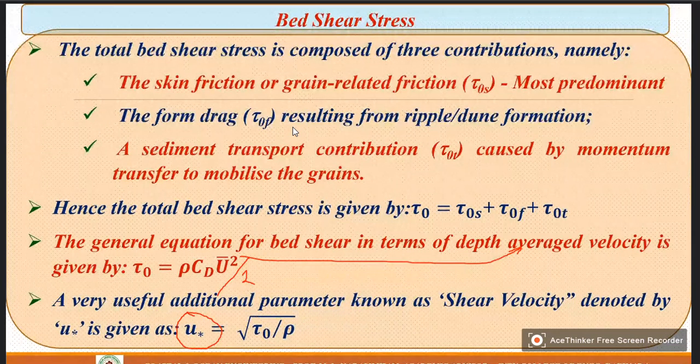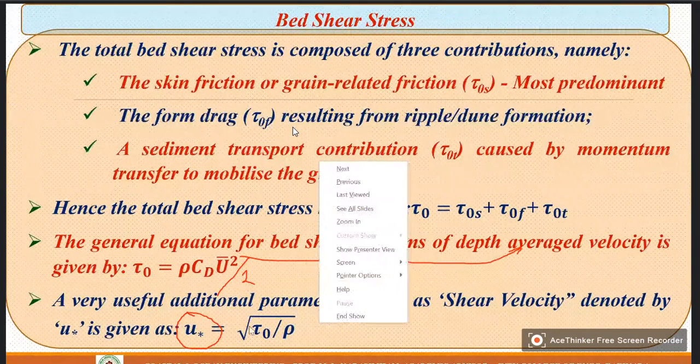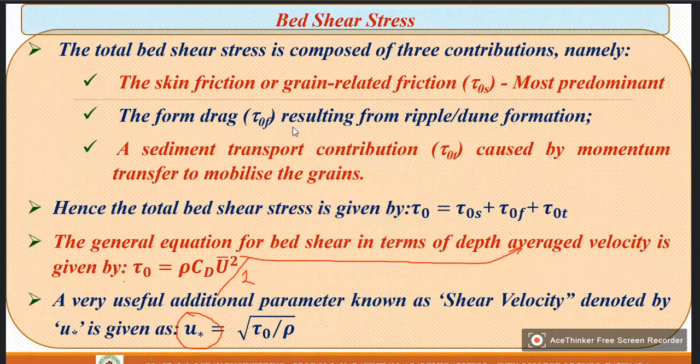So if you look at this expression and divide this by rho, this rho and this rho will get cancelled.